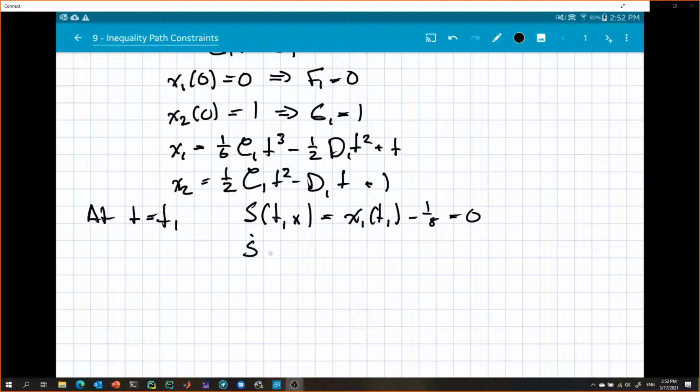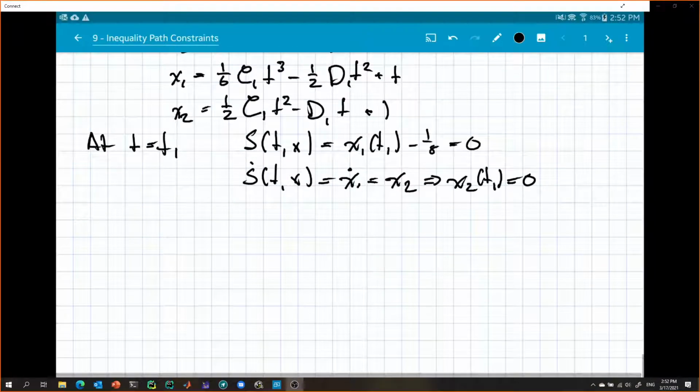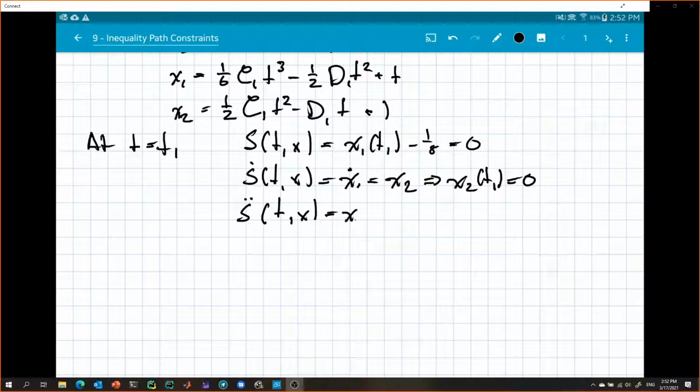Then we have the time derivative of that, x1 dot, which is equal to x2. Therefore, x2 at T1 is equal to 0. And then the second derivative in which the control appears, x2 dot, which is equal to u, which is then equal to 0. Therefore, the control at T1 is equal to 0.